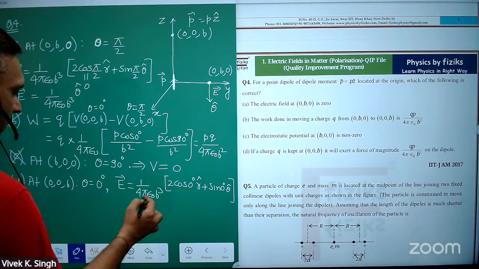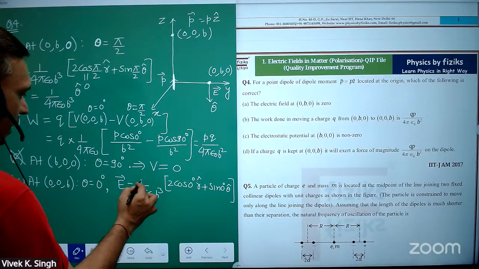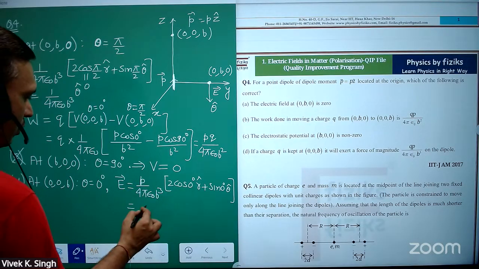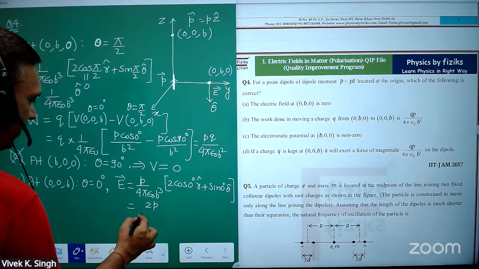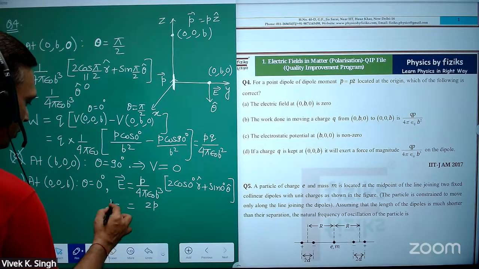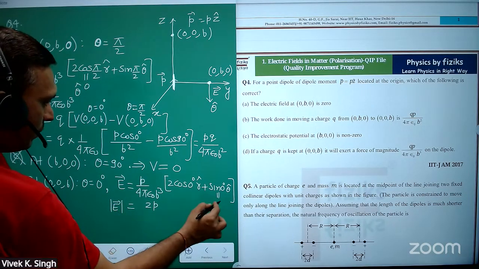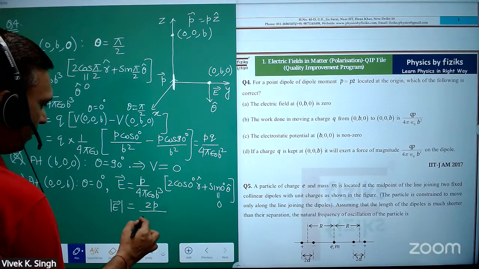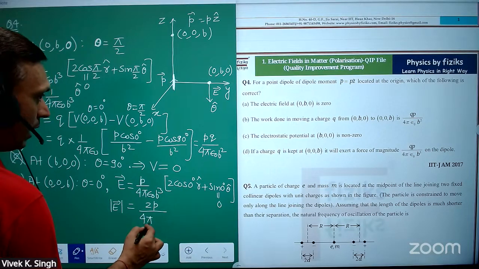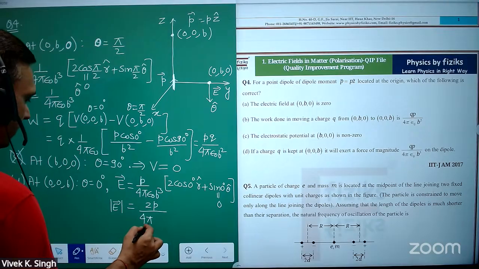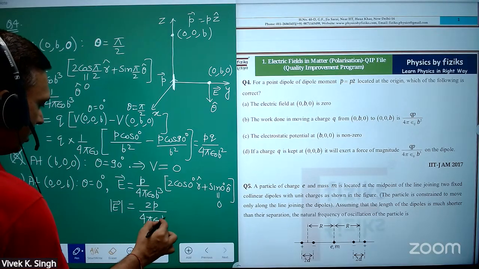Because sine 0 will be 0, the magnitude will be 2P by 4 pi epsilon naught B cube.